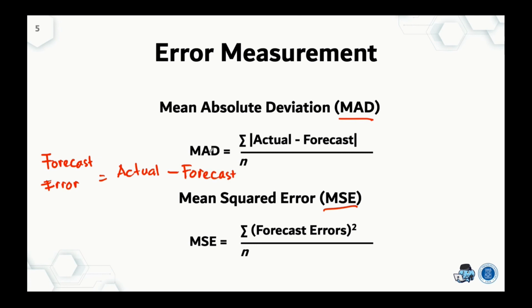So actually the MAD and MSE are similar, where in MAD we make the forecast error into the absolute form, and in MSE we make it into the square form. Both of them make the result of the forecast error a positive value.